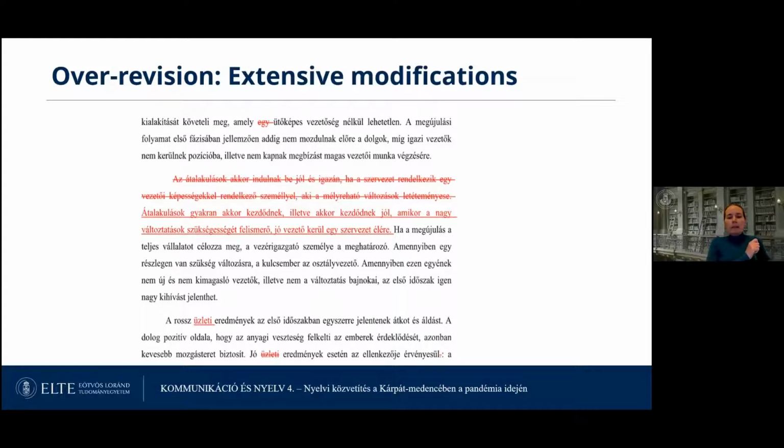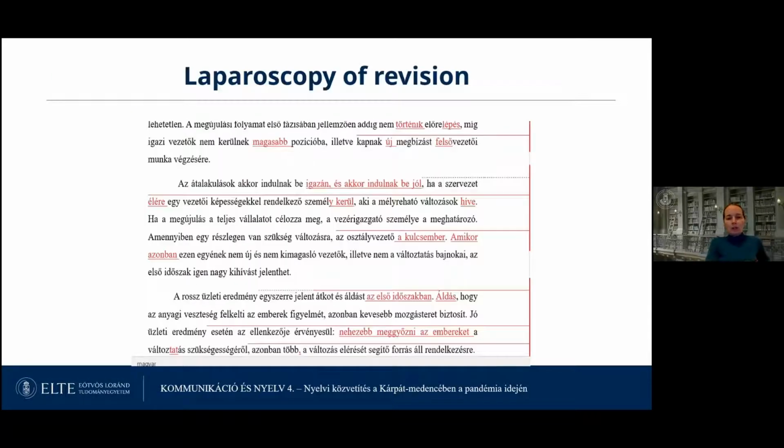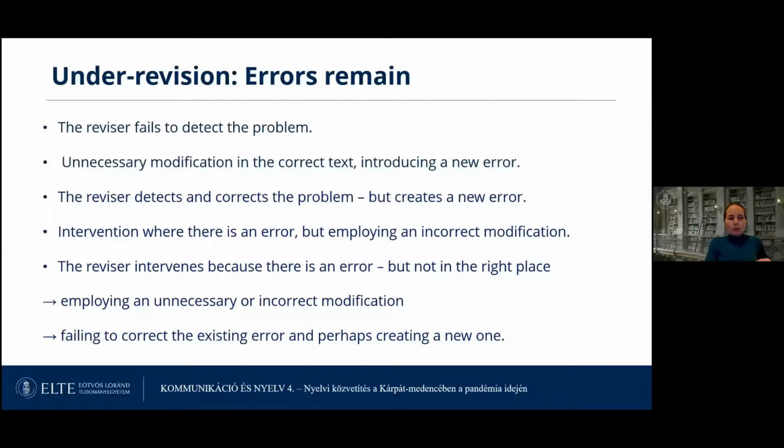So instead of doing extensive modifications like deleting whole sentences, revisers should just intervene where the problems are. And also, if we delete whole sentences, we run the risk of introducing more and more errors into the text. And here we come to the problem of under-revision, when errors remain in the text.